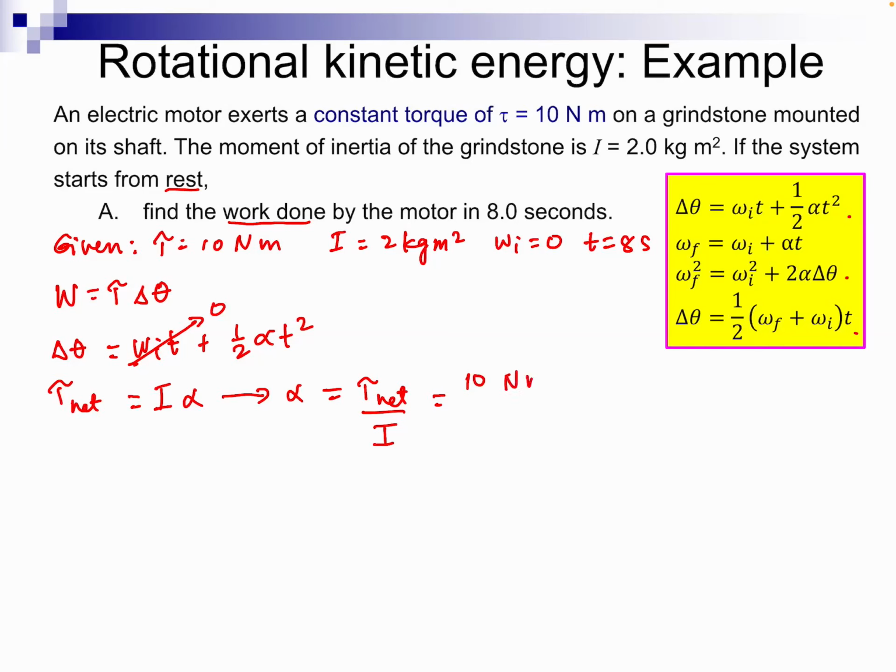Torque is 10 newton meters. The moment of inertia is given to be 2 kilogram meter squared. Therefore, you have an angular acceleration of 5 radians per second squared.